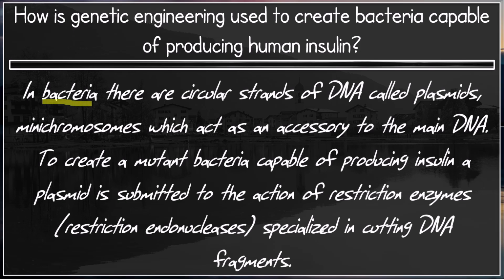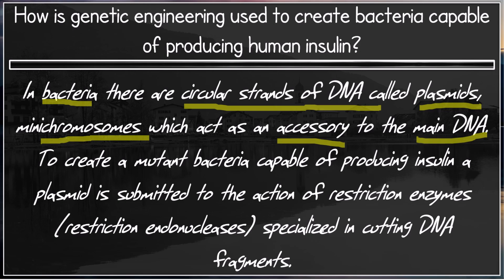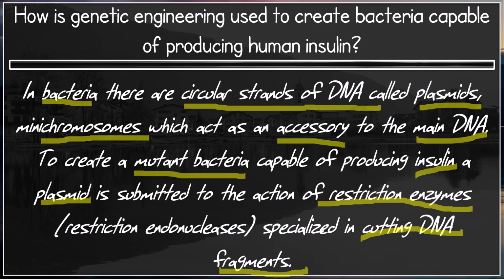In bacteria, there are circular strands of DNA called plasmids, that act as accessory to the main DNA. To create a mutant bacteria capable of producing insulin, a plasmid is submitted to the action of restriction enzymes, specialized in cutting DNA fragments.